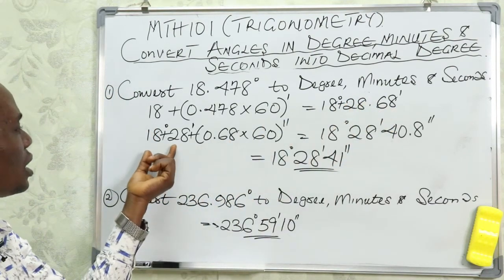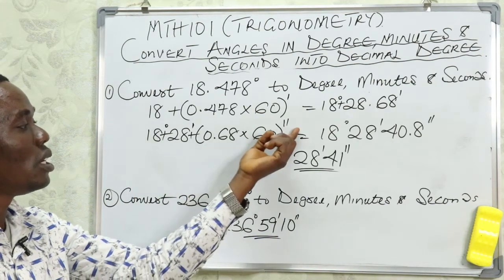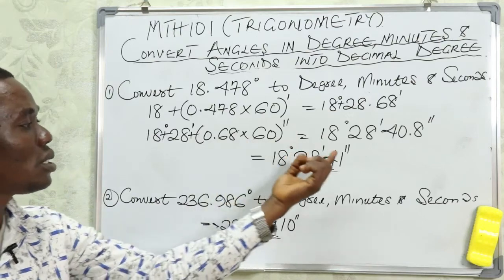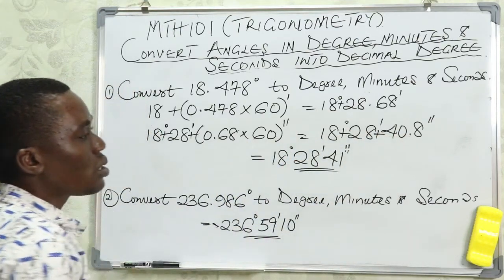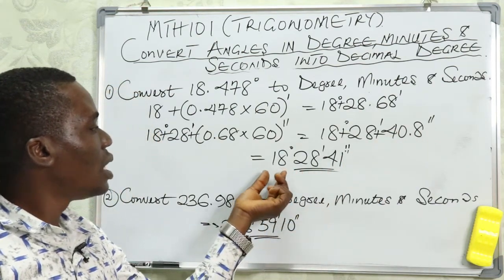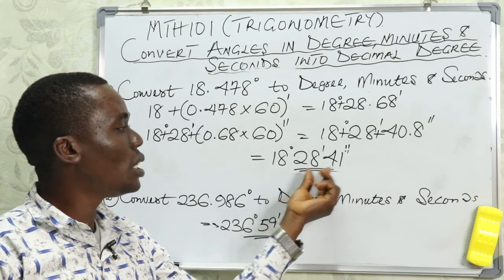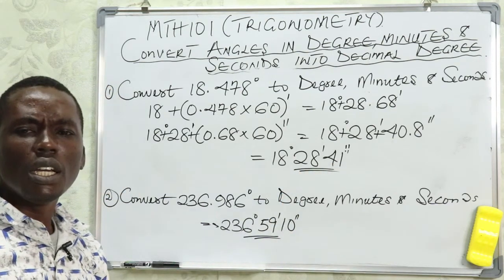So we'll take this as the minutes and then take the decimal to find the seconds. If we approximate this, we are going to have 18 degrees 28 minutes and 41 seconds. So you see, it's very easy.